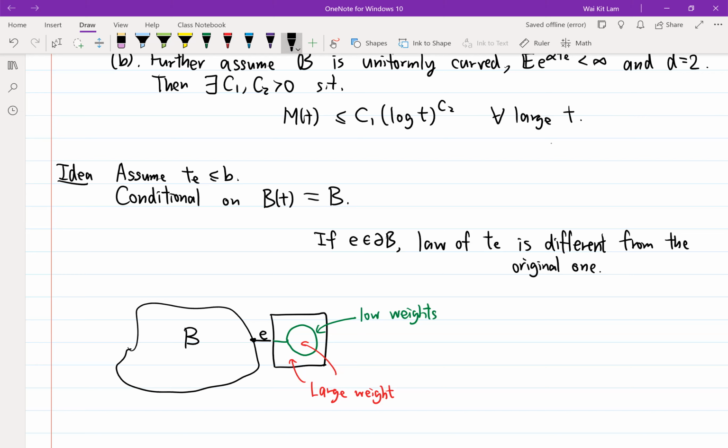But the difficulty here is that the distribution of this TE here is something that we don't actually know. But if you assume that the edge weights are bounded, no matter what this distribution is, you know that after B time units, this E will be inflated.